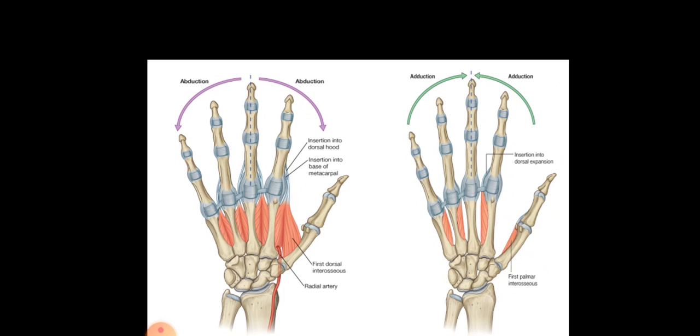The nerve supply of the dorsal and palmar interossei is by deep branch of the ulnar nerve. So the dominant nerve in the hand is the ulnar nerve.